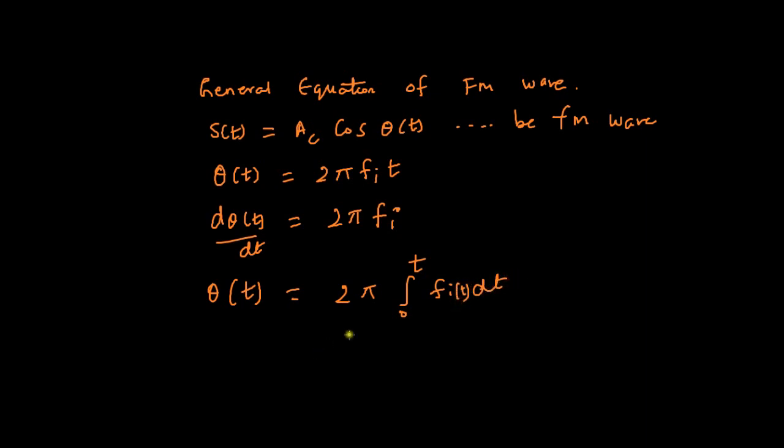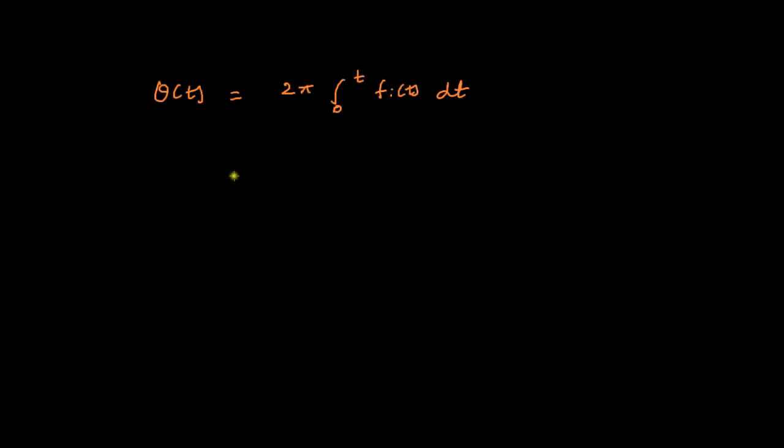However, we know that Fi of t is equal to Fc plus Kf into m of t. So if we substitute this value here, we'll get the value of theta of t.